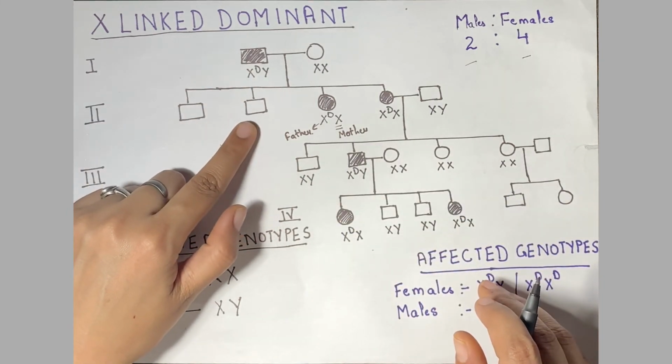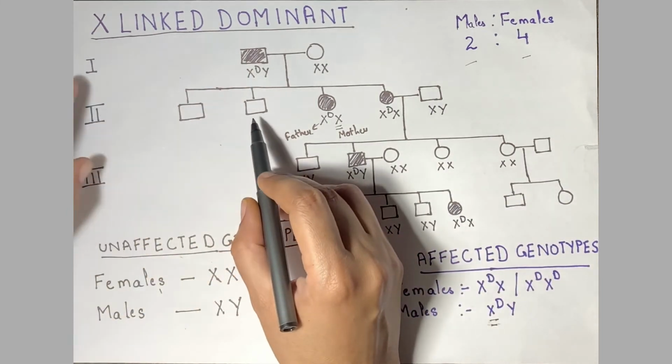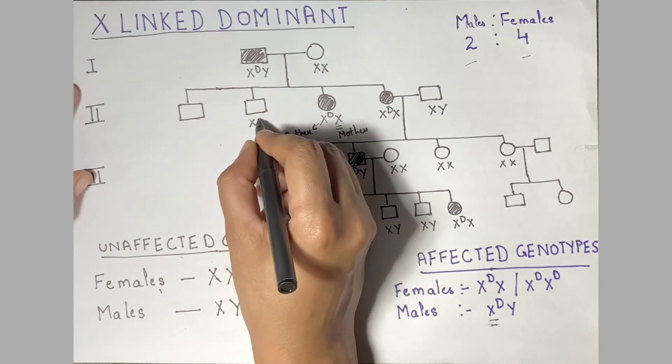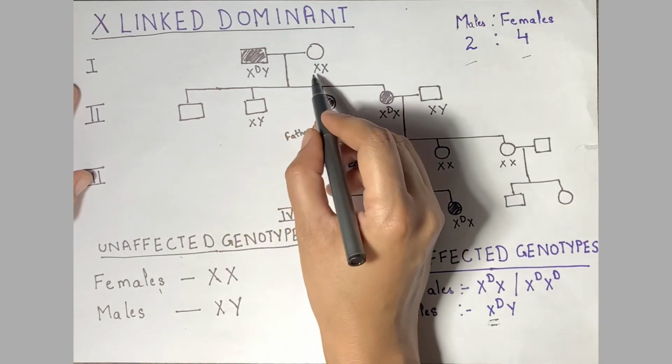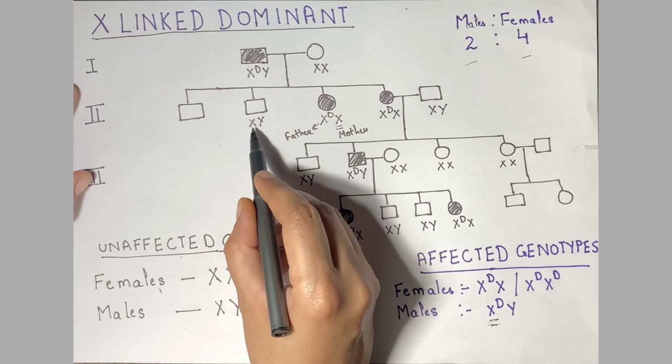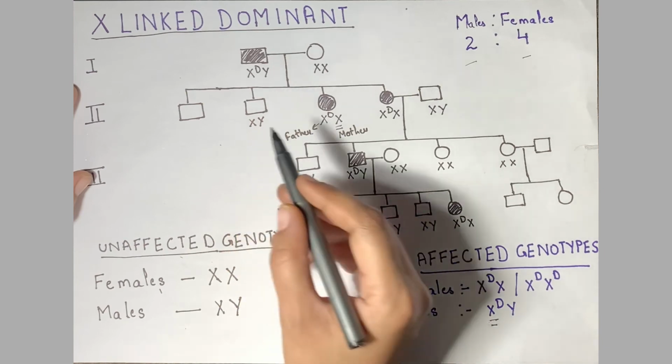The son is unaffected because he inherited his X chromosome from the mother. In this case, the mother is unaffected, so the son is unaffected.